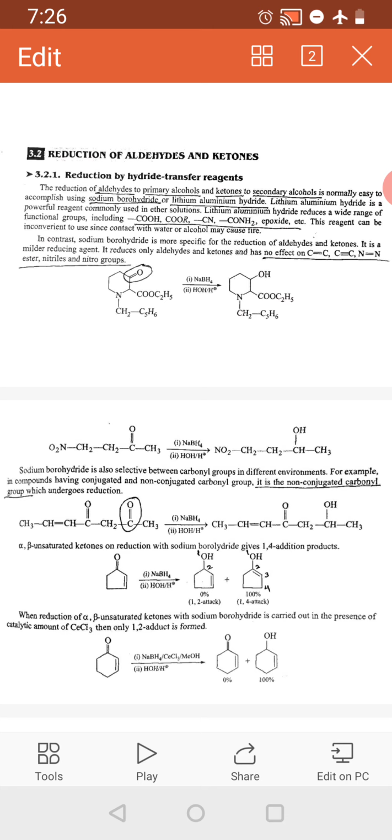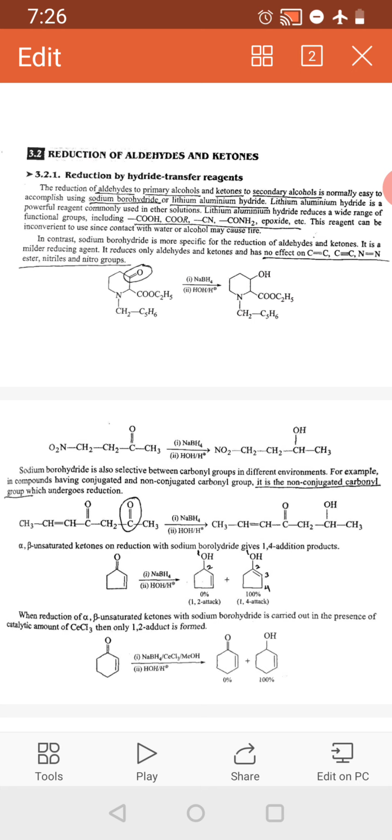There are certain reagents like lithium aluminum hydride and sodium borohydride which are hydride transfer reagents, and they carry out reduction of compounds, and we use these compounds for reduction of carbonyl groups, aldehydes and ketones.